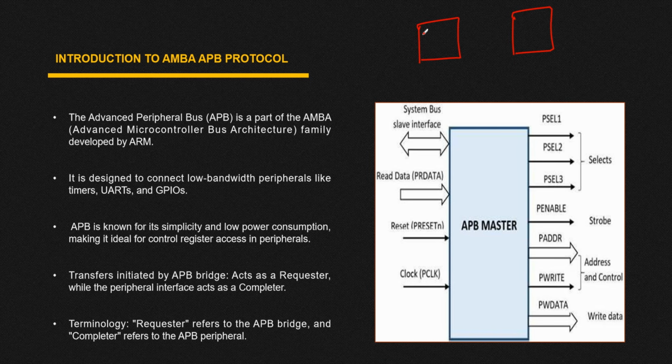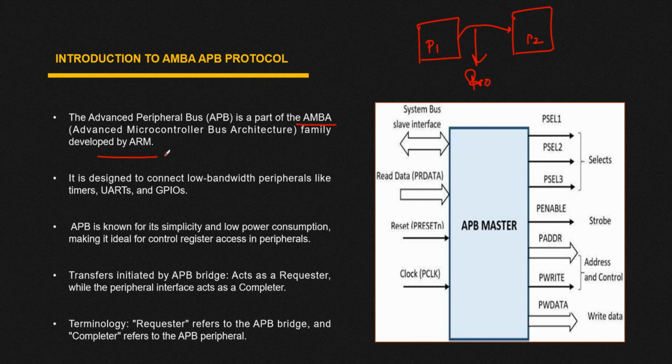Suppose this is person 1 and this is person 2, and person 1 wants to talk with person 2. He needs to follow some rules. That rule is nothing but your protocol, and in terms of electronics, we call it a communication protocol.